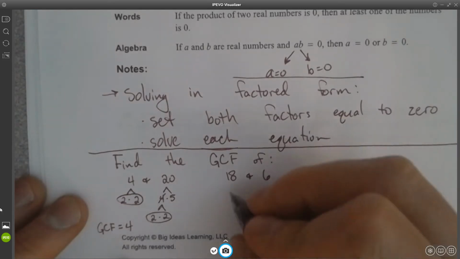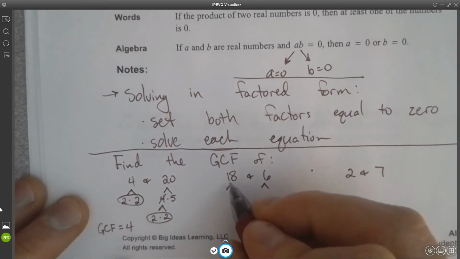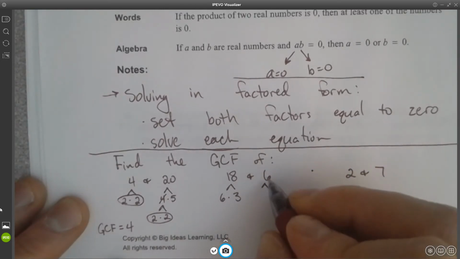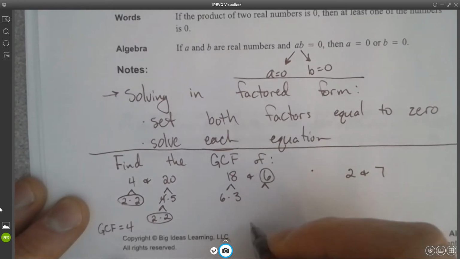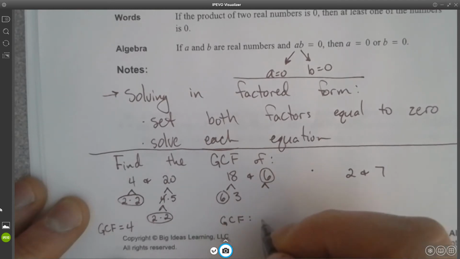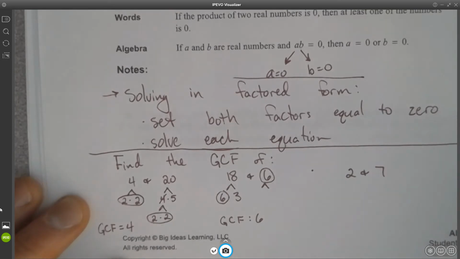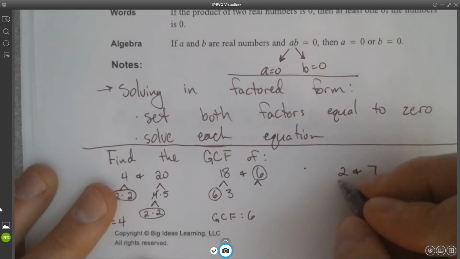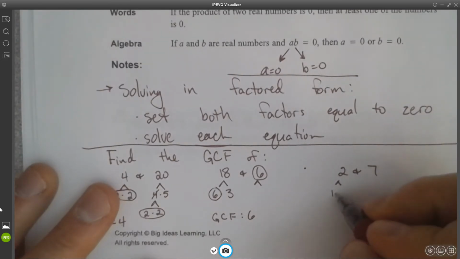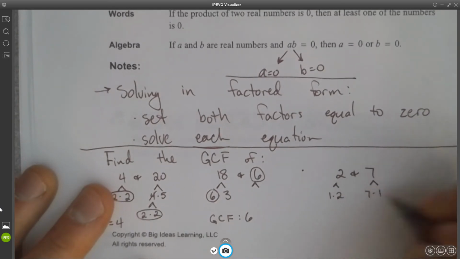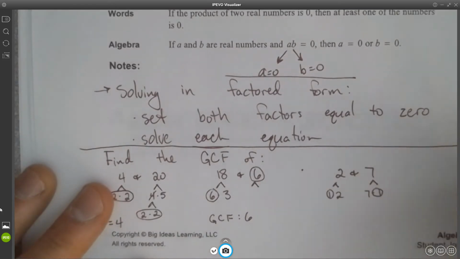If we do the same thing with 18 and 6, I know 18 is 6 times 3. Well, 6 then is a factor of 6 and of 18, so the greatest common factor here between these two is 6. Next, let's try 2 and 7. Well, can you factor tree 2? 2 is only 1 times 2. There's no other choices there. And 7 is 7 times 1. So do they have anything in common? Well, they both have a 1 in common.